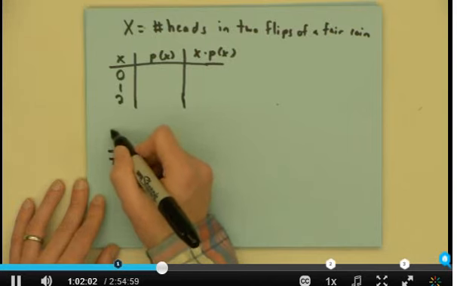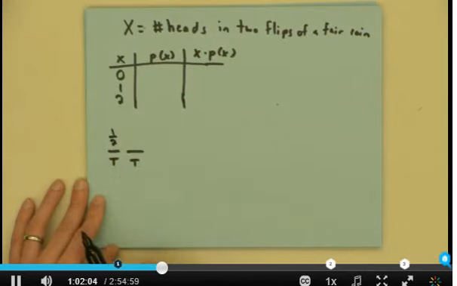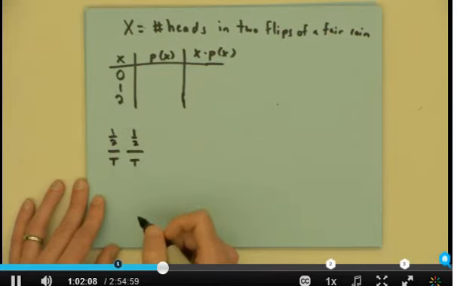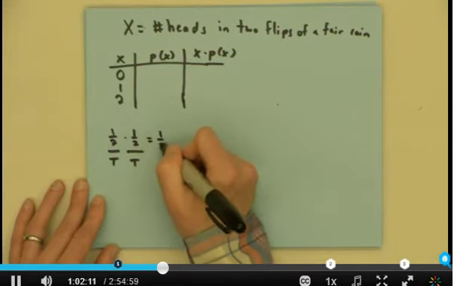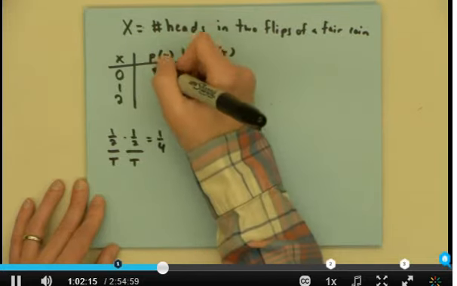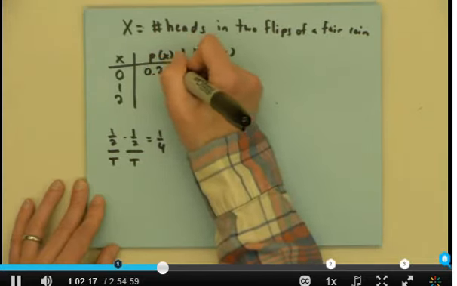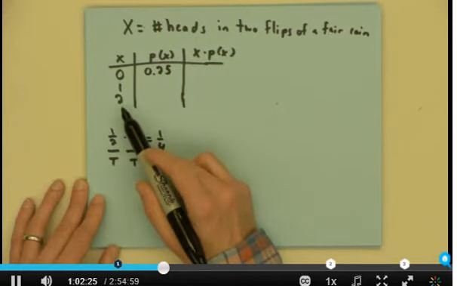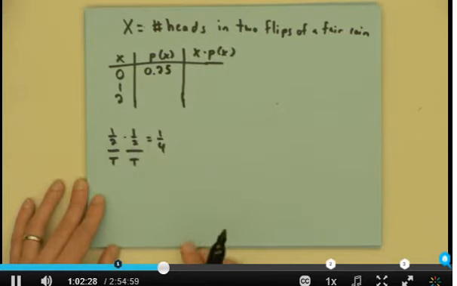And if it's a fair coin, there's a 1/2 chance I get tails on the first toss. And there's a 1/2 chance I get tails on the second toss. So it should be 1/4. And I like to write that as decimals in my chart. So that's 25% chance. What about for 1 head, meaning 1 head and 1 tail?